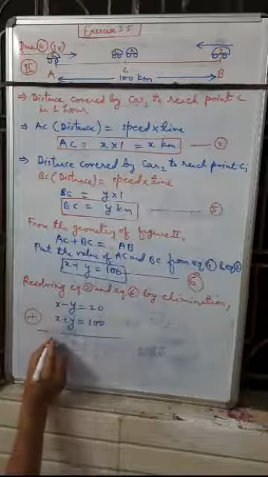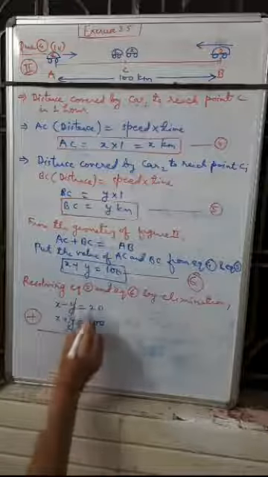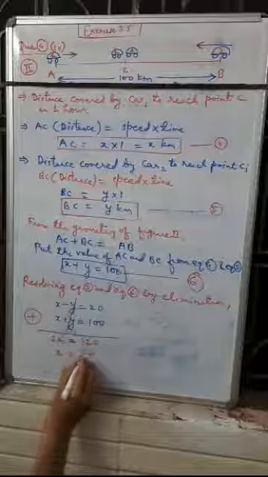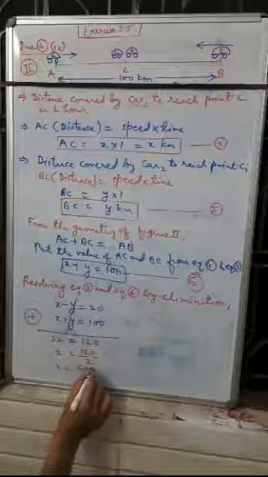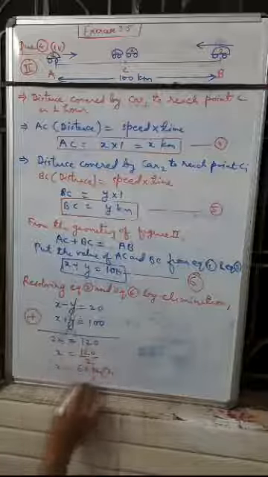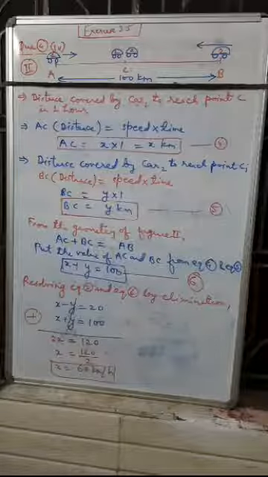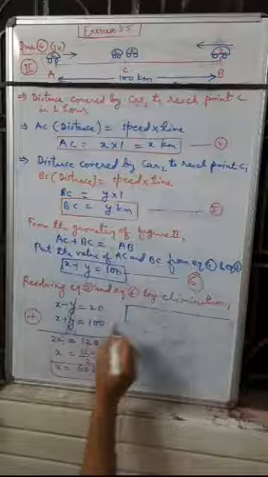So x plus x will become 2x, minus y plus y cancels, and 20 plus 100 is 120. So x is equal to 120 by 2, which is 60 kilometer per hour. Now put the value of x in equation 6.